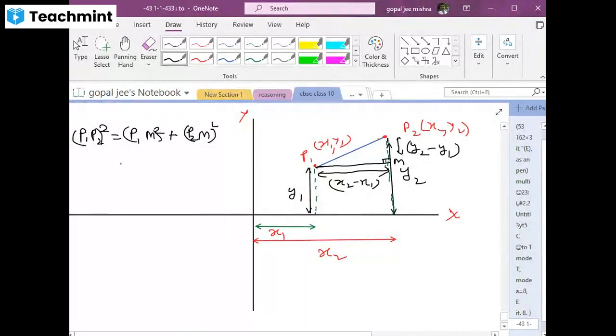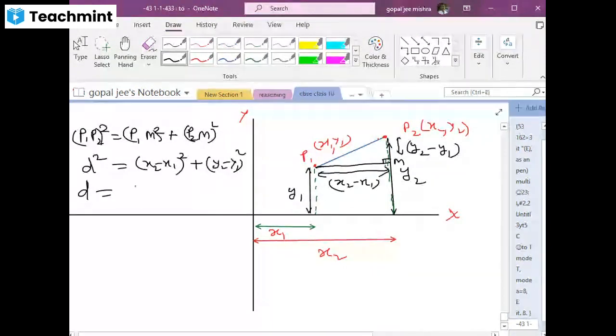Now P1 P2 is the distance between the 2 points, that is distance square. Here P1 M, you can see, is equal to x2 minus x1 whole square, plus P2 M, that is y2 minus y1, so you are getting y2 minus y1 whole square.